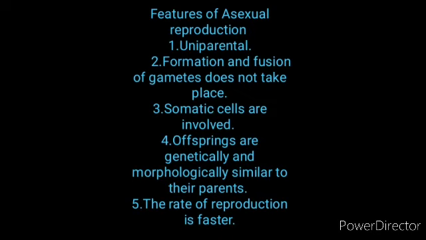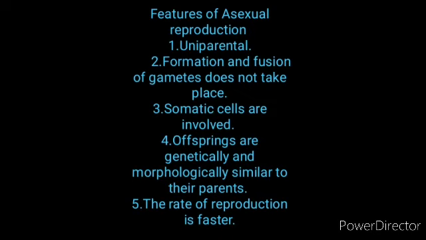Fourth point, asexual reproduction involves the production of different types of asexual spores. What spores did we discuss? Zoospores, conidia, etc. Fifth point, offsprings are genetically and morphologically similar to their parents.